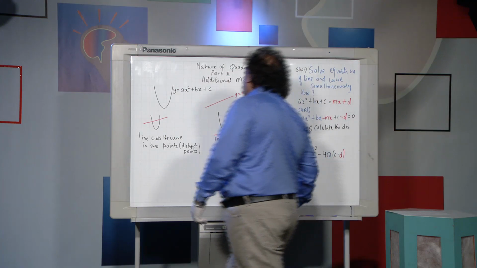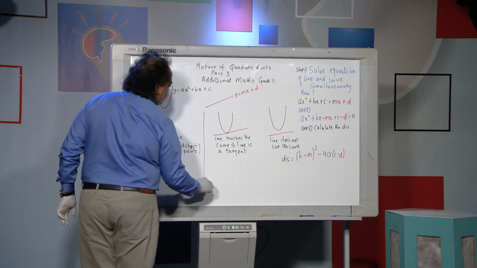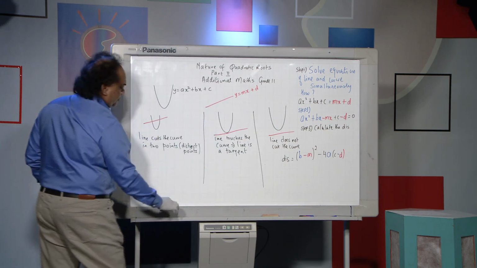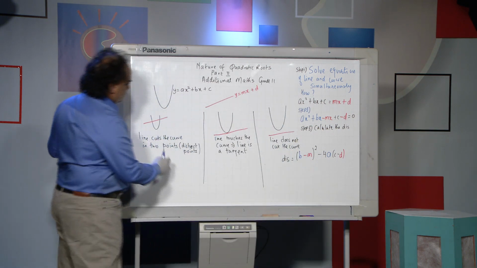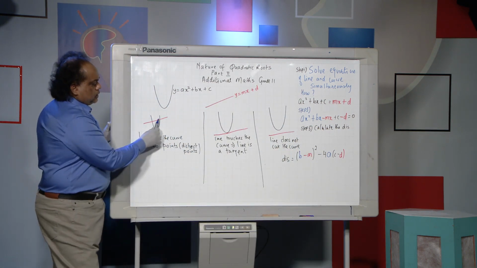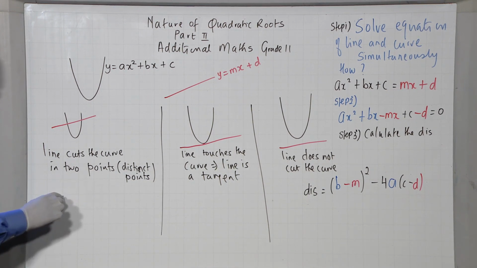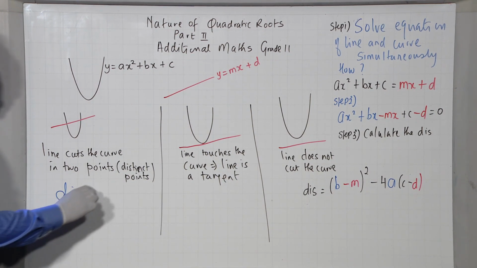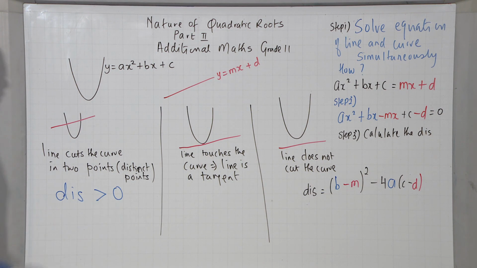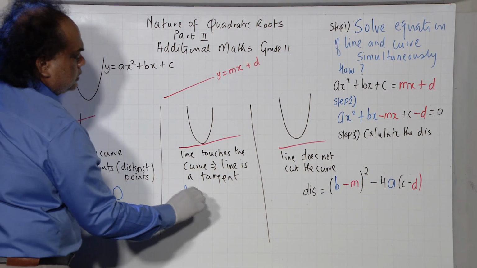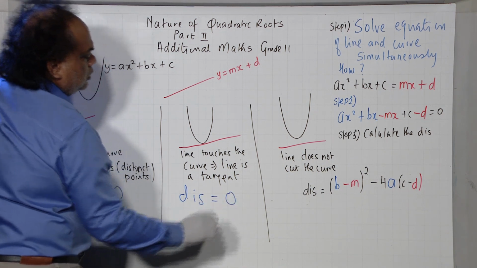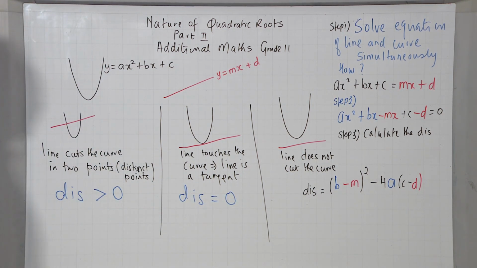Now, let's see what happened in this case. When the line will cut the curve at 2 distinct points, the discriminant will be positive. If the line touches the curve, the discriminant would be 0.